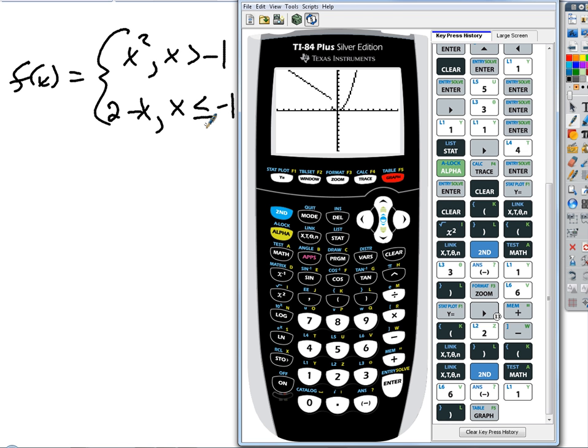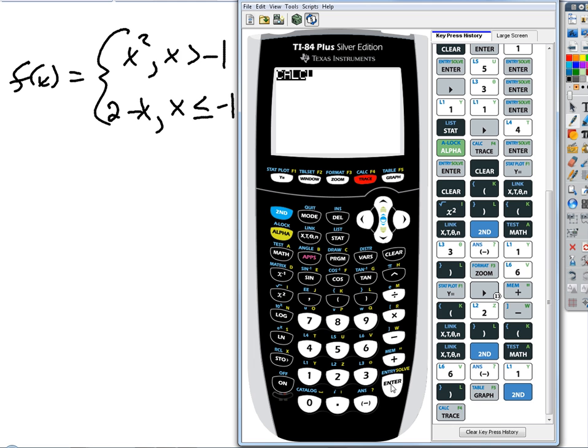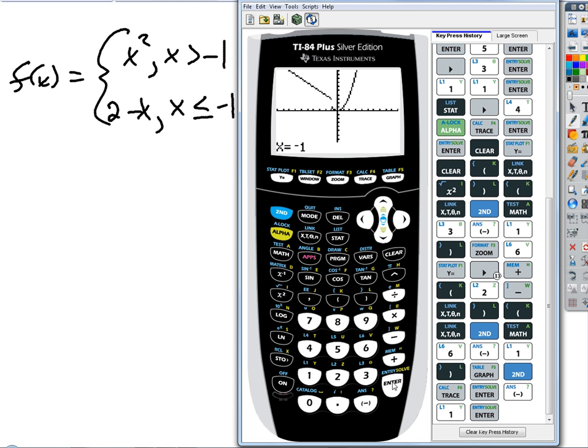I could actually even ask the graph though. If I go second calc value and I plug in -1, see what it does? It actually puts the cursor right there. So that means closed endpoint. It tells me the value is 3.